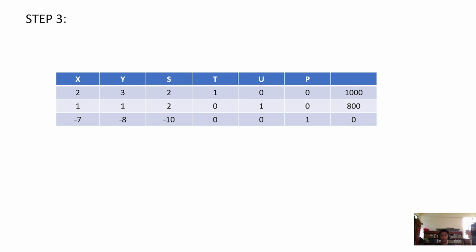So that column s is the pivot column. Our pivot row is row 2 because it has the smallest ratio, and our pivot element is also 2.